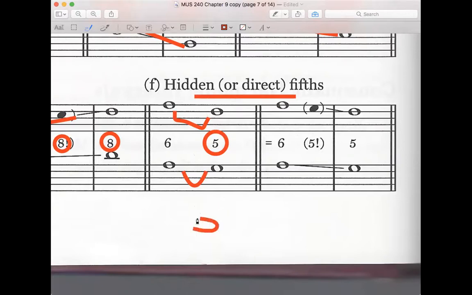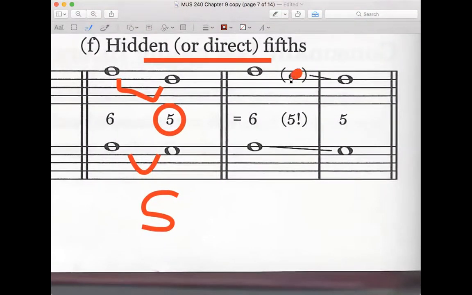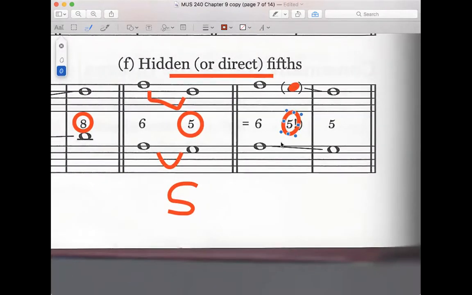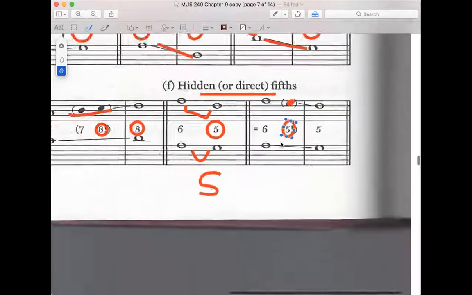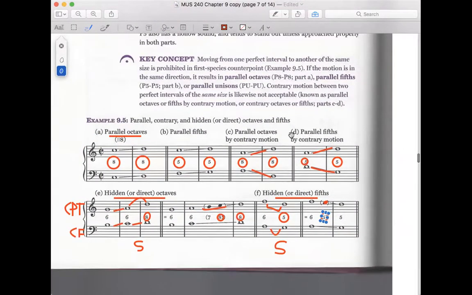You have to be on the lookout for similar motion, because if you're going in similar motion to a perfect interval, again, it has the sense of accenting. Or in this case, the other way to think about it is that you're filling in the other note, so in a sense you are recreating the sound of parallel fifths. What's the whole goal there? To make smooth, flowing, beautiful lines without accent or without stopping points.